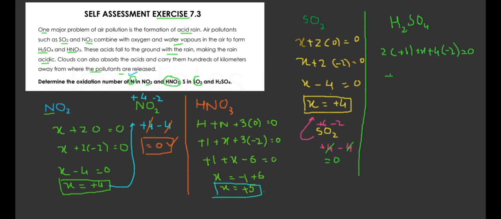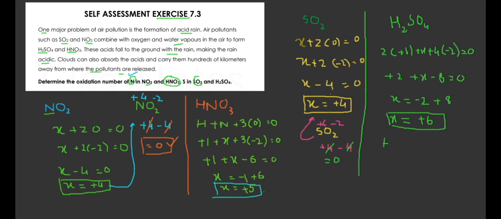So 2 multiplied by +1, you will get +2, and then X plus 4 times -2, you will get -8, and that would be equal to 0. So X is equal to -2 plus 8. Once it moves to the other side of the equation, it will become -2, and -8 will become +8. So -2 plus 8 would be equal to +6. Now this +6 is the oxidation state for sulfur in sulfuric acid.